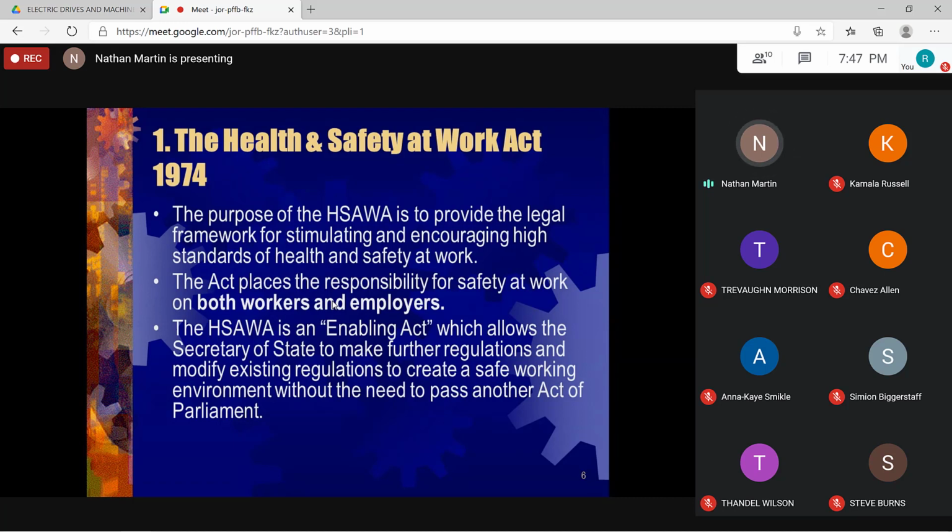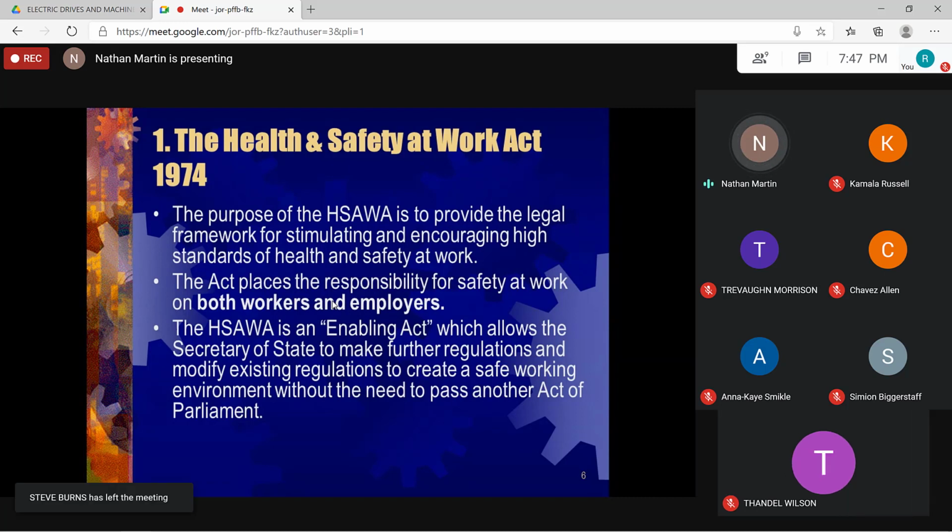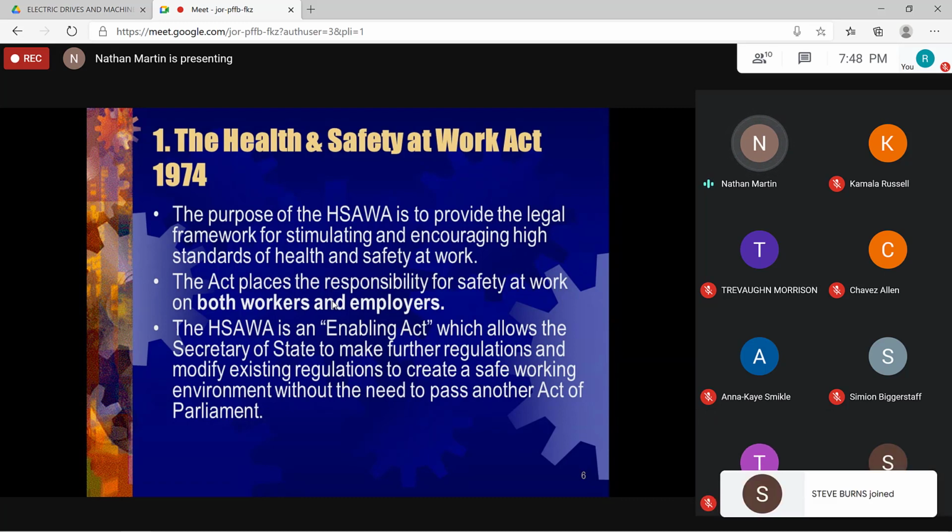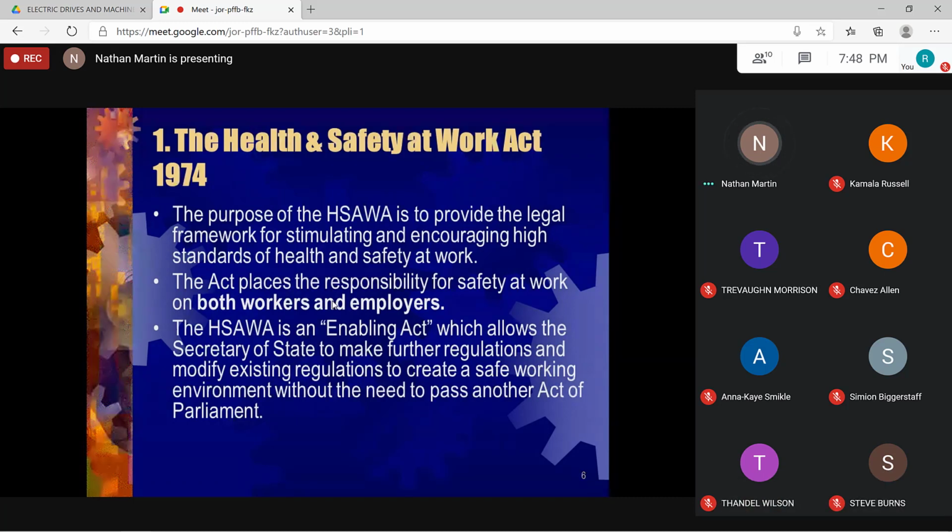They said the purpose of this act is really to provide a legal framework, so they get things started. This is known as one of the enabling acts. So the Health and Safety Act is the enabling act, and by enabling, it encompasses other acts. Like the Electricity at Work regulation would be a part of the Health and Safety at Work Act.